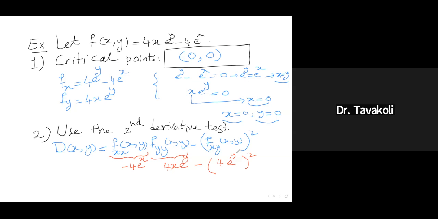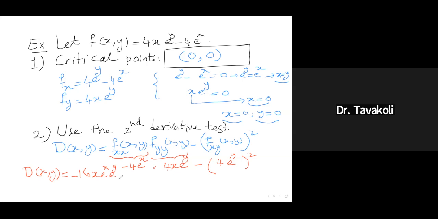So let's write it in a better way. D of x and y is the product of these two: minus 4 times 4 is minus 16, x, e^x, e^y.